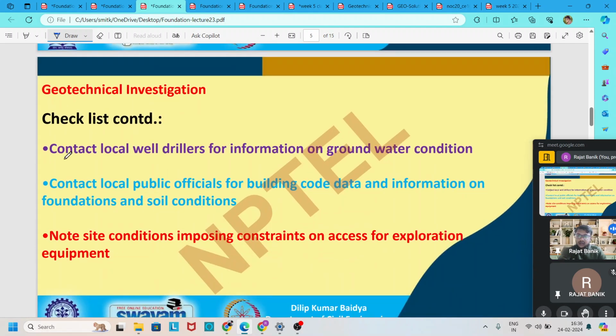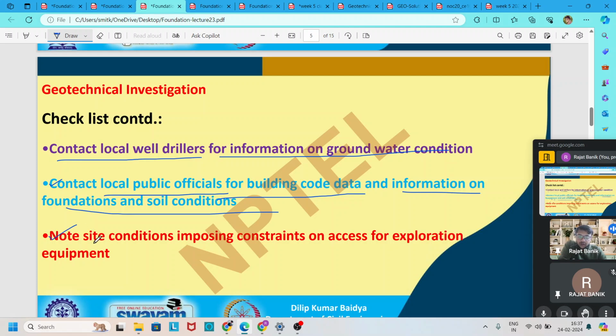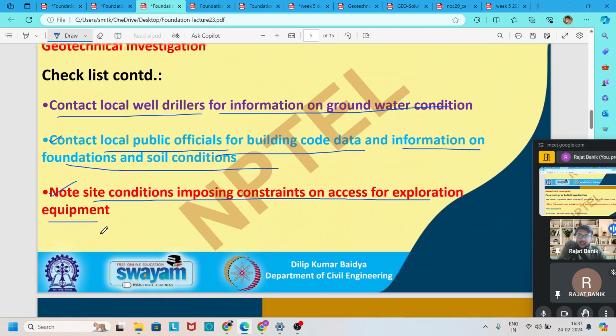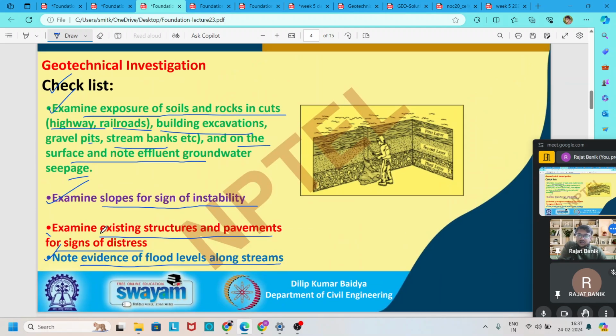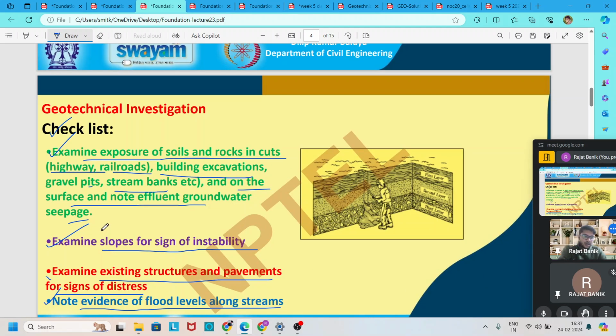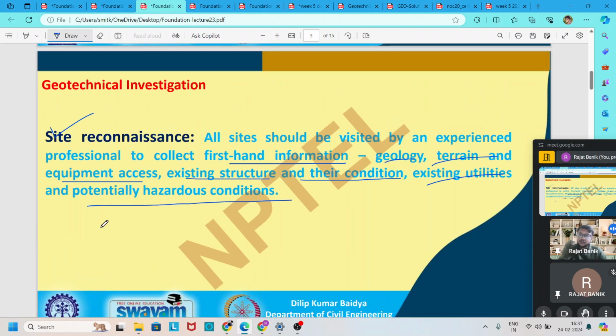Again, they have to contact the local well drillers for information on groundwater conditions, and contact the local public officials for building code data and information on the foundation and soil conditions. Also note the soil conditions imposing constraints on access of exploration equipment. So this is the checklist, the fact points they have to examine when they go for site recognition.